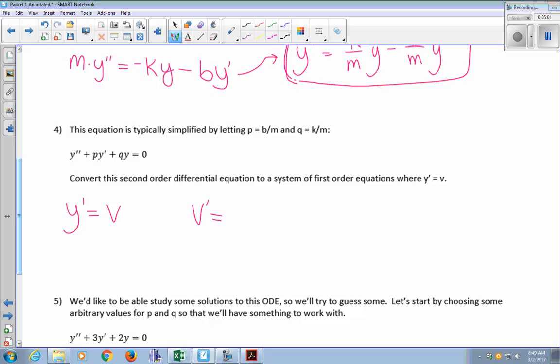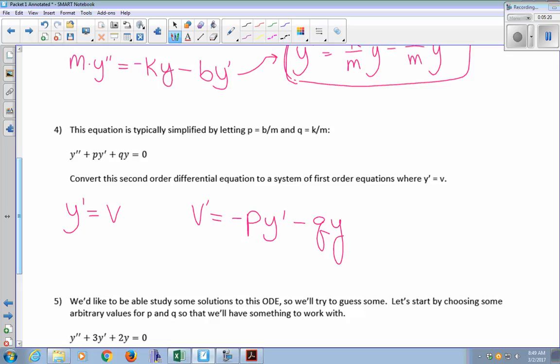So to get my v prime equation, just solve for y double prime. And I have negative py prime minus qy.